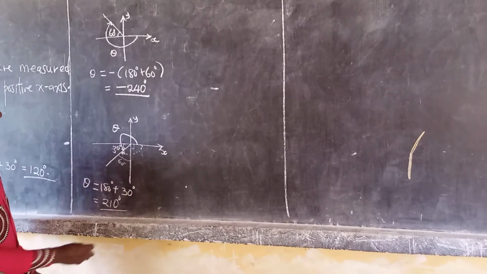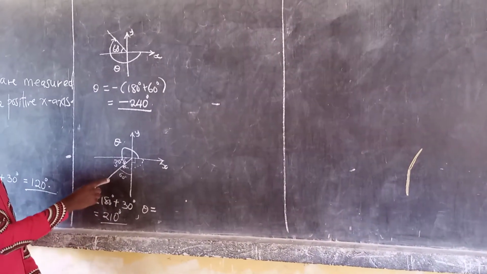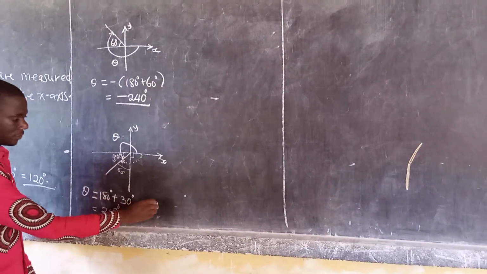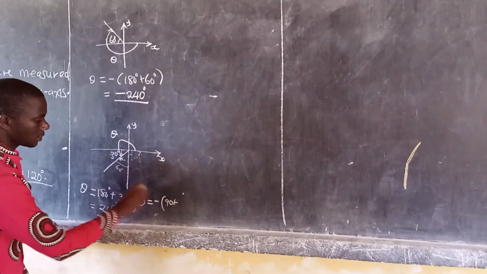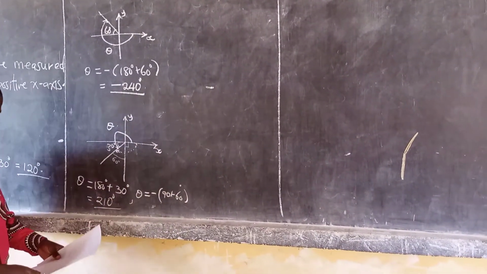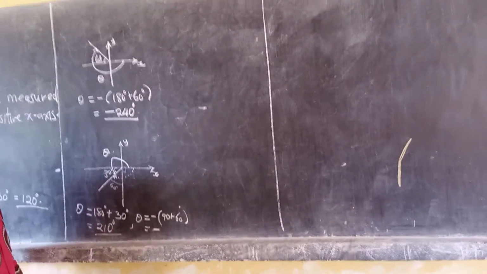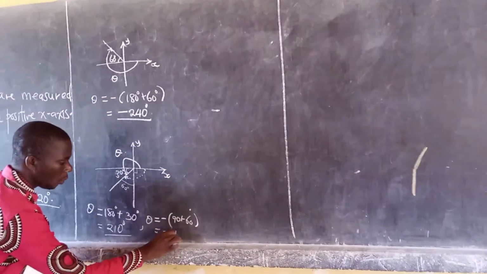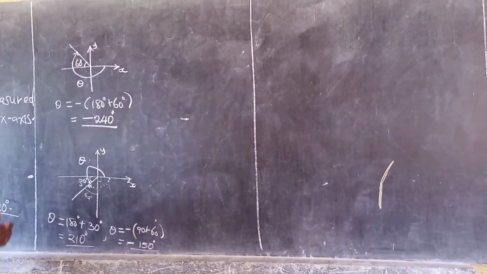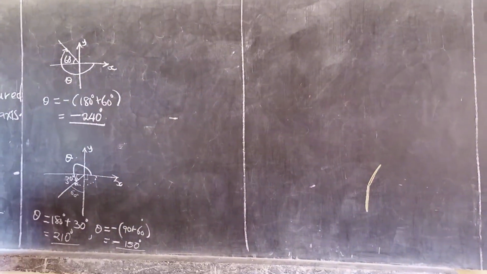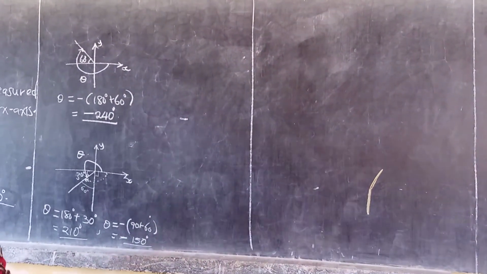So our theta can as well be the negative of 90 plus 60, which is the negative of 150 degrees. As I said, we are yet to convince ourselves about that.